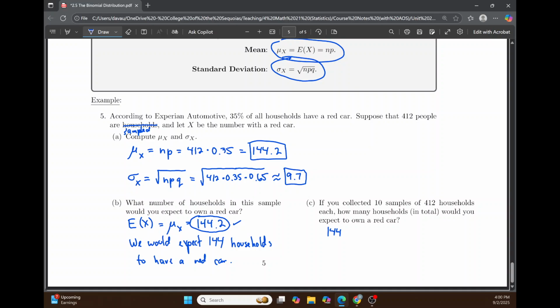Okay? So if we have 10 samples of 412 households each, that means we have 4,120 households. And out of those 4,120 households, we expect 1,442 of them to own a red car, right? We would expect 1,442 households to have a red car.